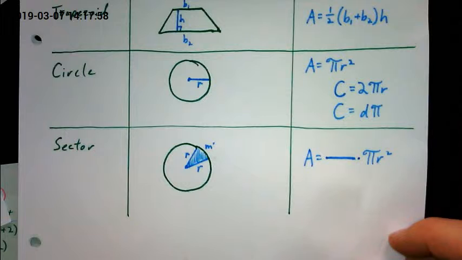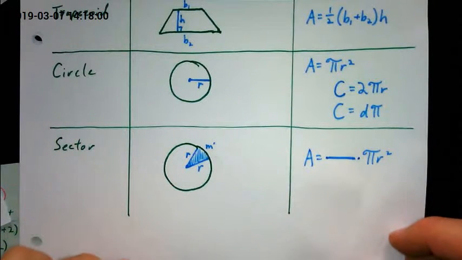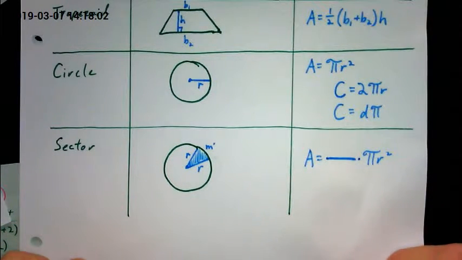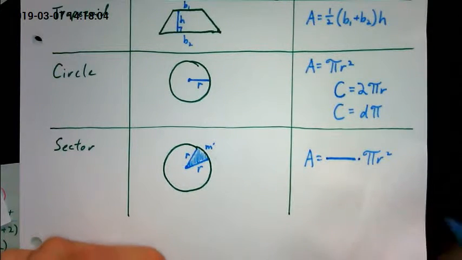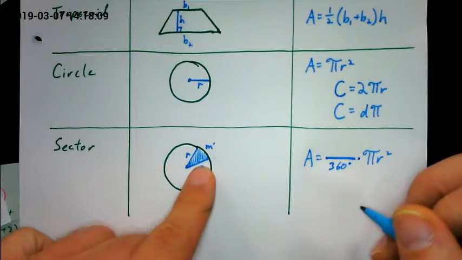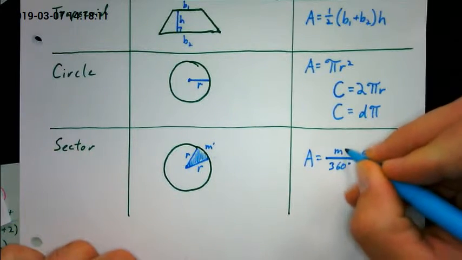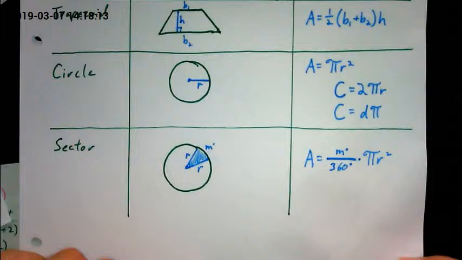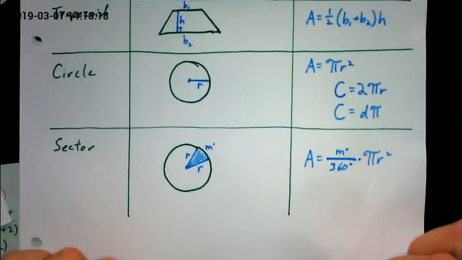But we don't want the full area, we just want that little section. Well, we know the full circle is 360 degrees. So 360 goes on bottom, and the measure of the piece we're using goes on top. I'm using the degree symbol because our measure is in degrees.